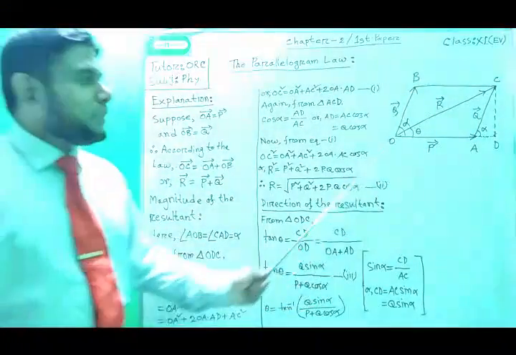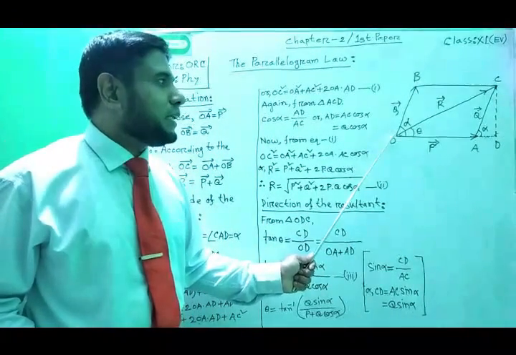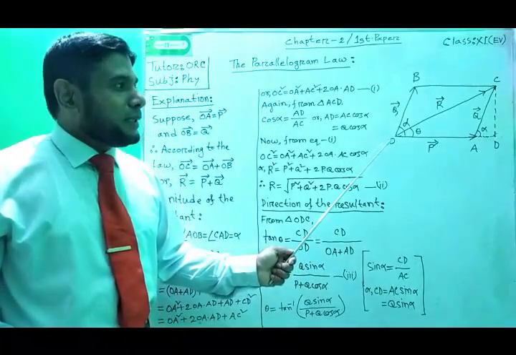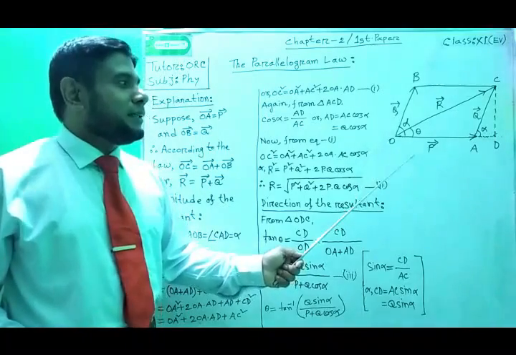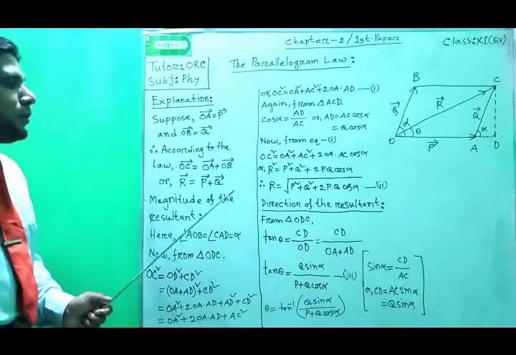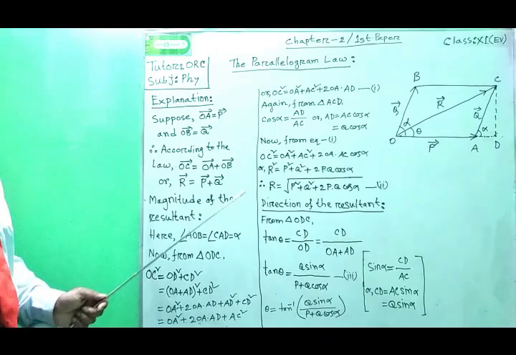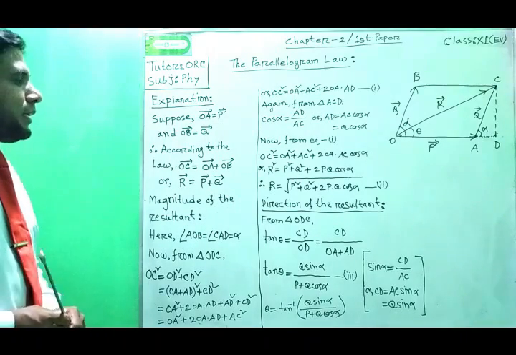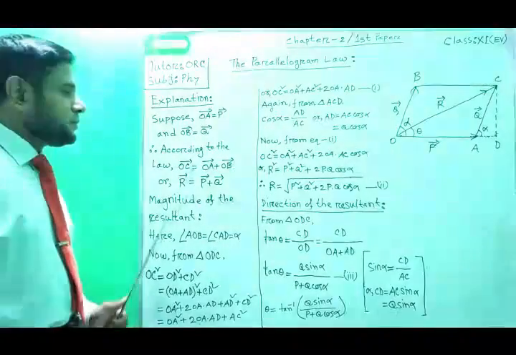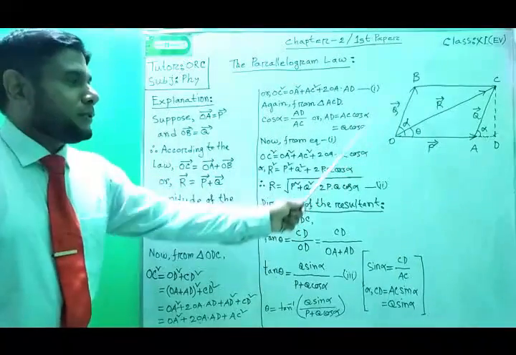So here OC is equal to OA and OB. As along OA acts a particular vector P, and along side OB acts a particular vector Q, we must put the vector sign on side OA and side OB. So when we submit the explanation, we can write in this way. According to the definition of the parallelogram law, diagonal OC is equal to OA plus OB.